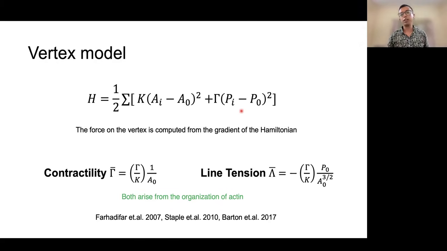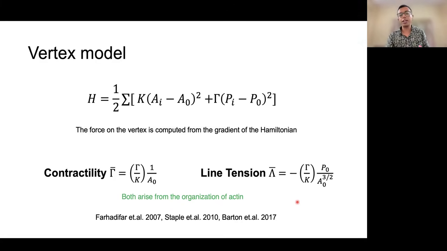The way you simulate it is by going along the gradient of this energy function. But the important thing to note is that there are certain combinations of these parameters through which you can write down contractility, which is given over here, and line tension, which is given over here. They are the ones that ultimately decide the fate of the Vertex model tissue. And both of them arise from the organization of actin, so this is something you can relate to experiments.